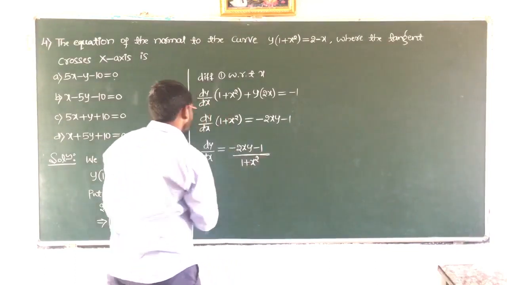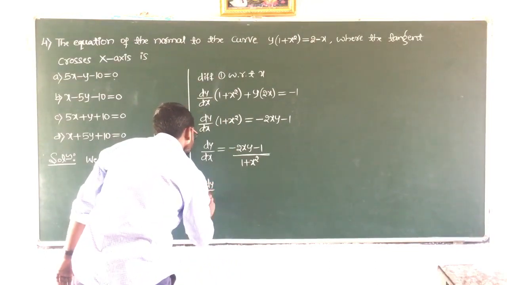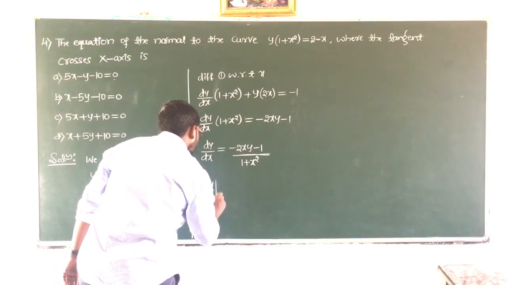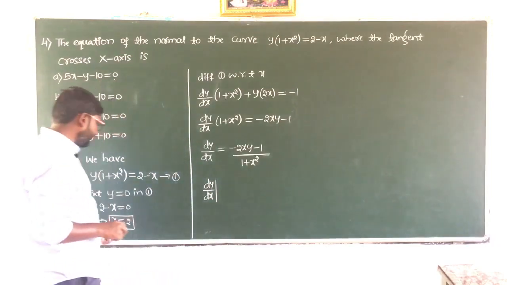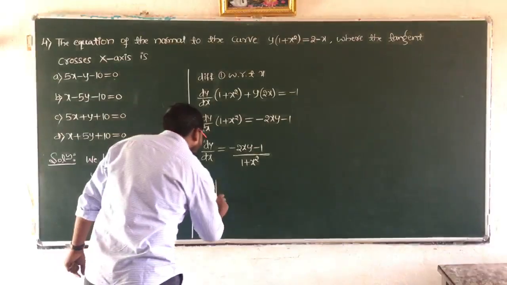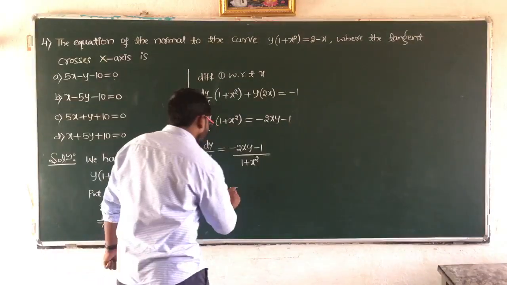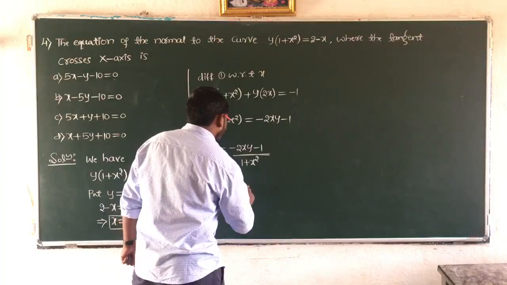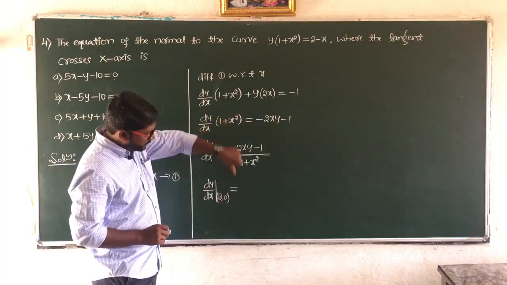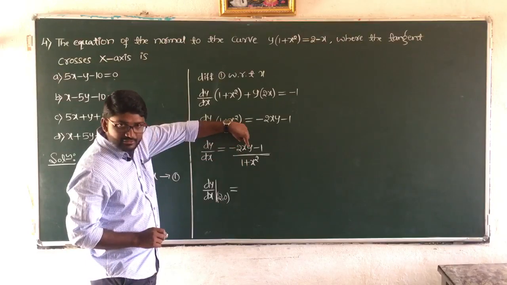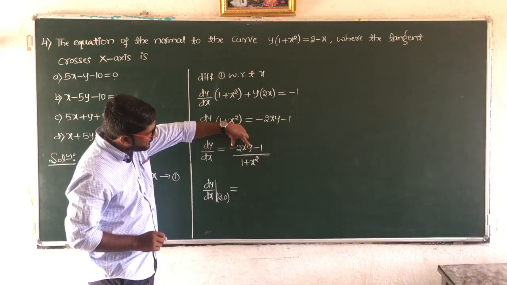So now dy by dx at 2 comma 0, the point is 2 comma 0. Now the value of y is 0 here. If you substitute y as 0, this entire term will be 0.